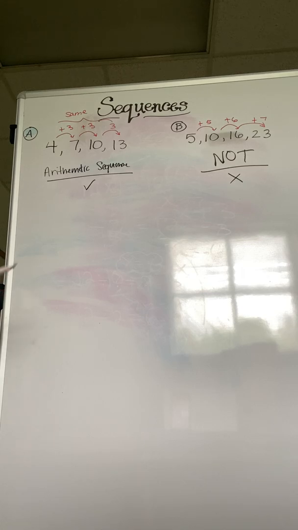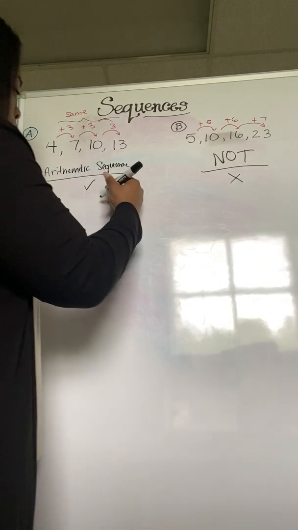What we can do if we have an arithmetic sequence is we can figure out other terms in the series using something that is called the recursive formula.